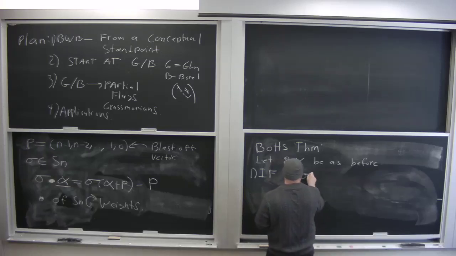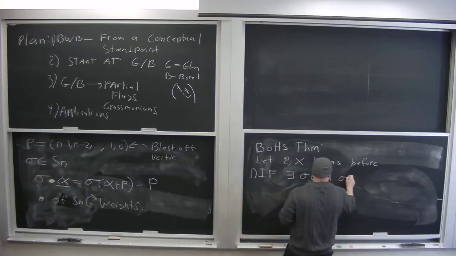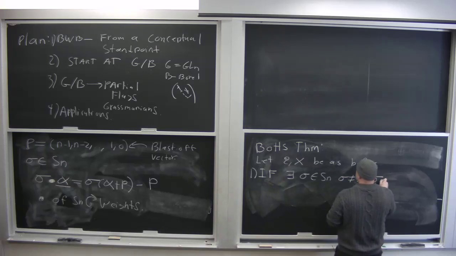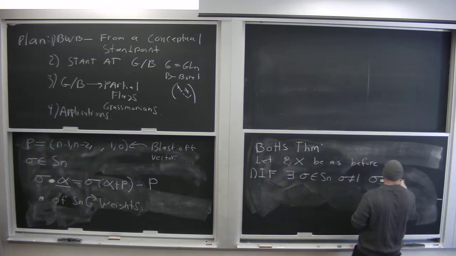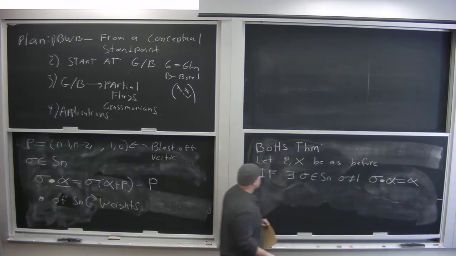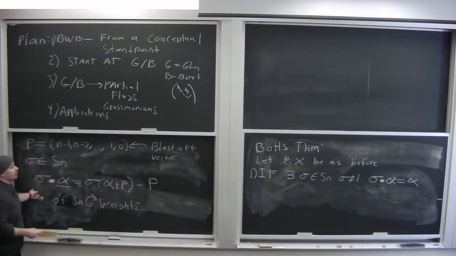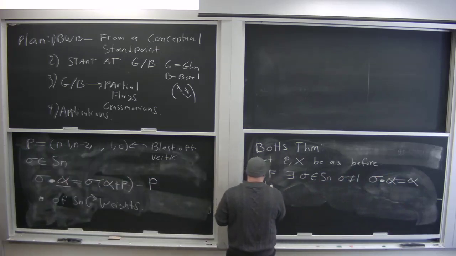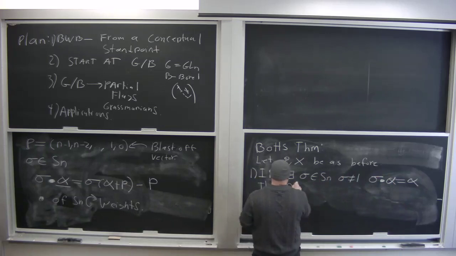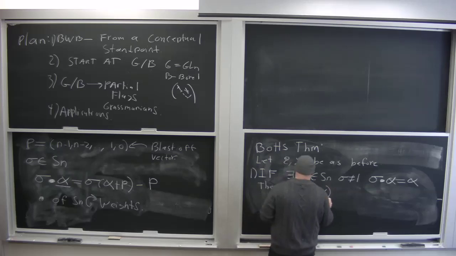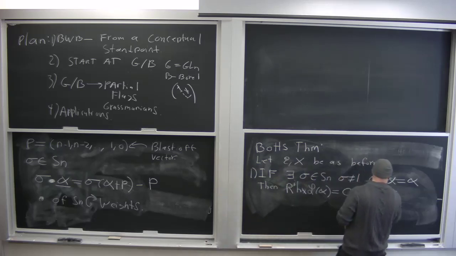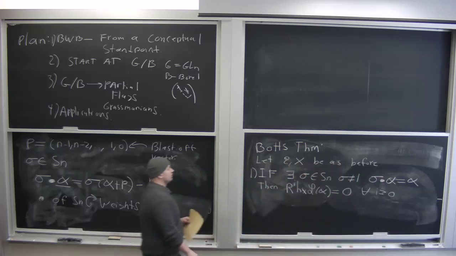So if we can find sigma in Sn, not the identity, such that sigma bullet alpha is equal to alpha, so you have a fixed point under this dotted action, then all these higher push forwards are equal to 0 for all i greater than or equal to 0.